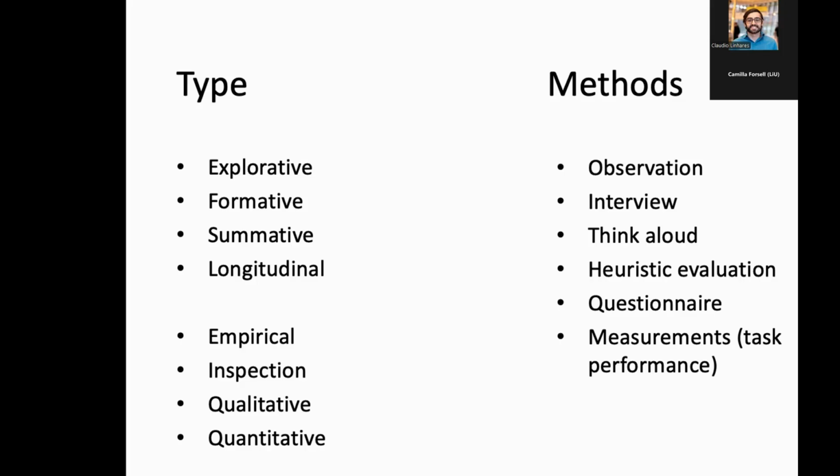Whereas if you want to make a measurement method, then you want to control as many things as possible to be able to establish cause and effect, right? And then we have interviews, think aloud, heuristic evaluation, and questionnaire. So we will cover a bit on each one of these. But it can be good to know about these different types when you also look into the names and what you will name your evaluation later on.